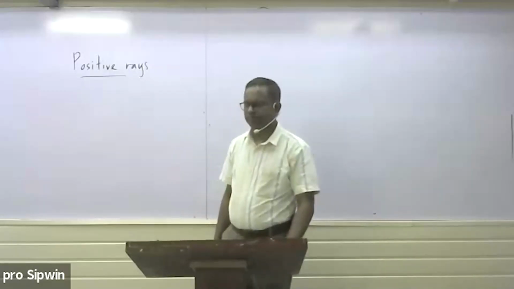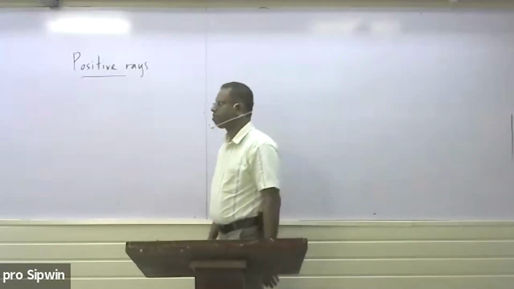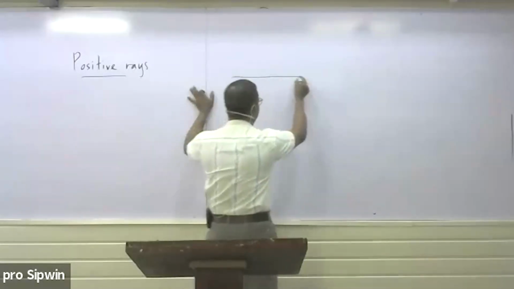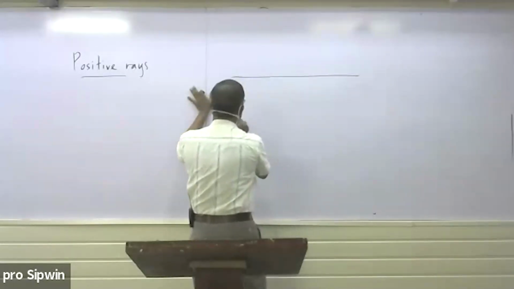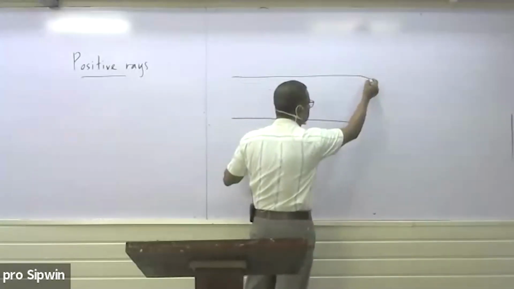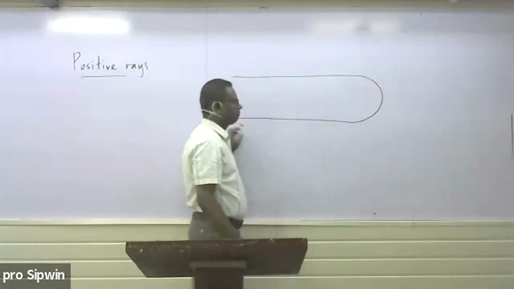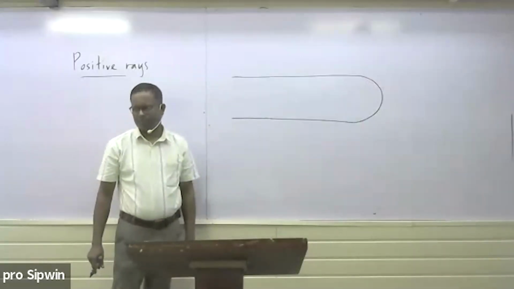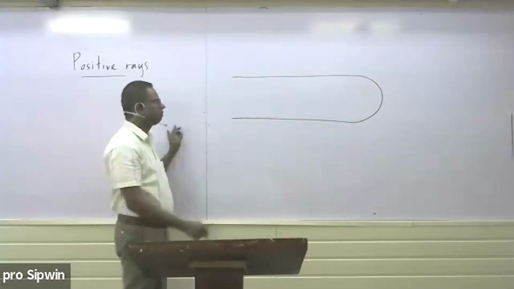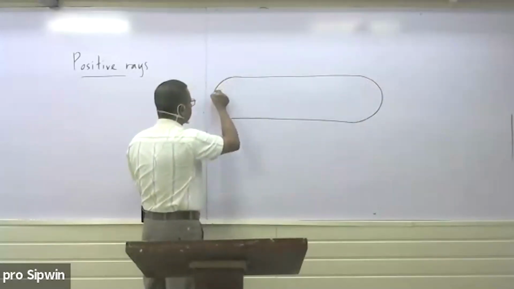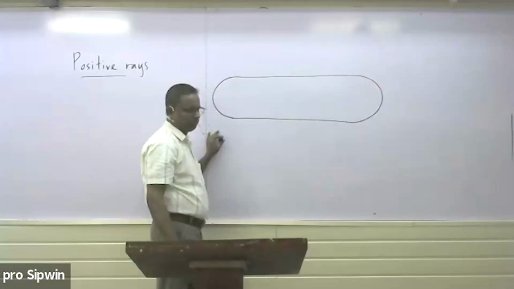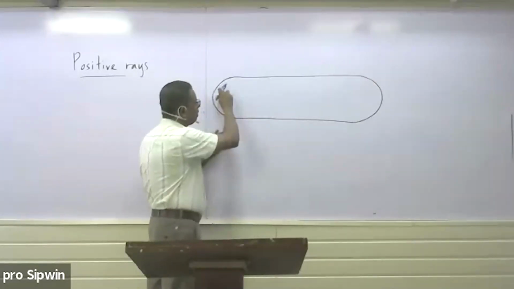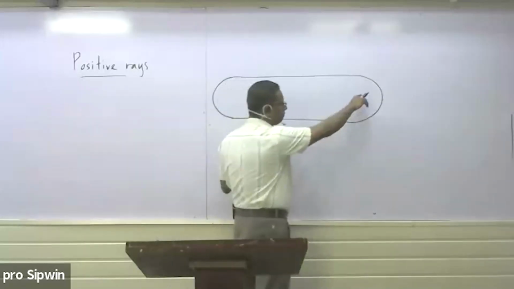What happened there? Goldstein prepared this kind of setup. Like the earlier cathode rays, here we have to have an idea of how the positive rays are produced and the properties of the positive rays. Usually the cathode is here, the anode is here.